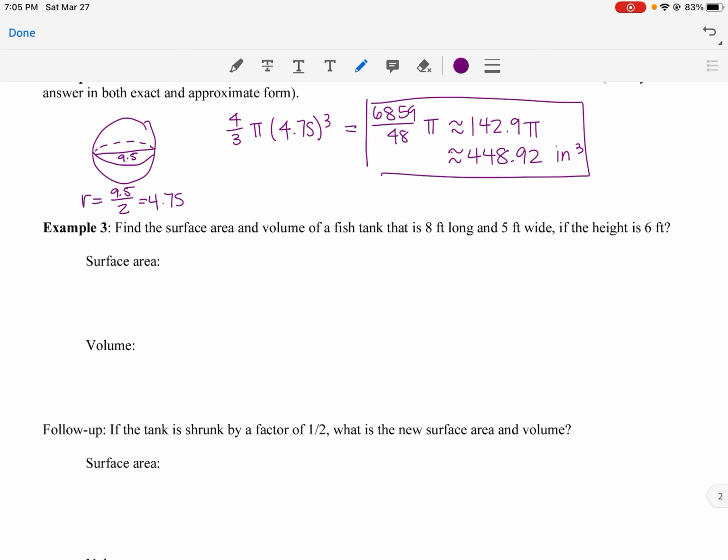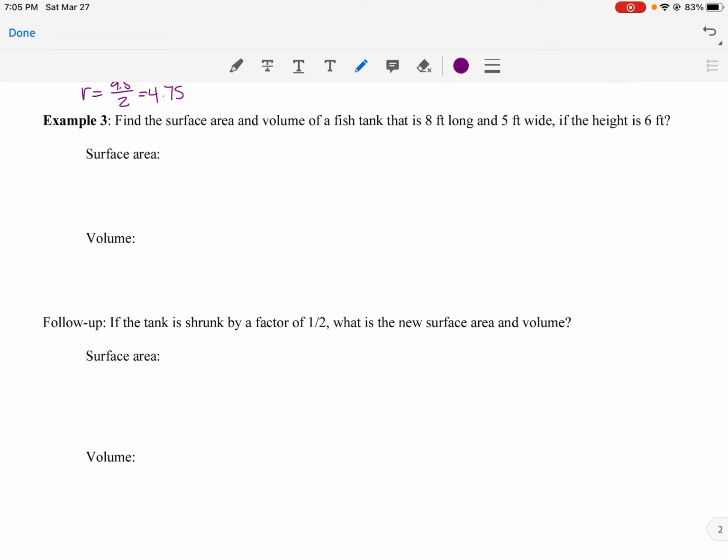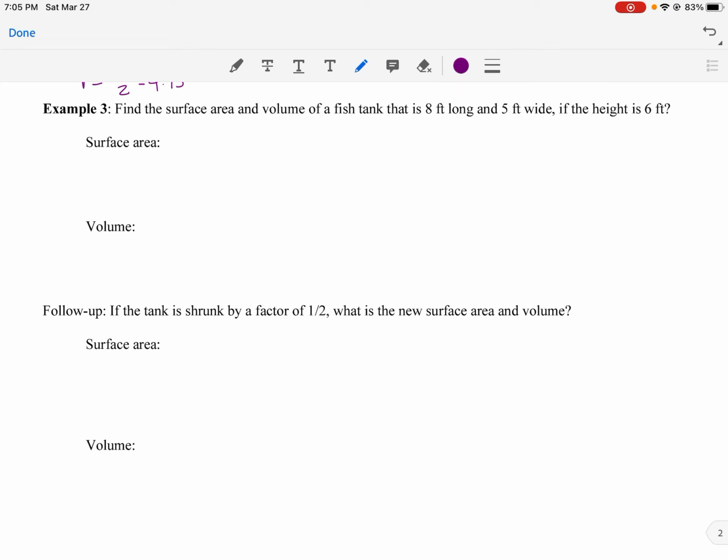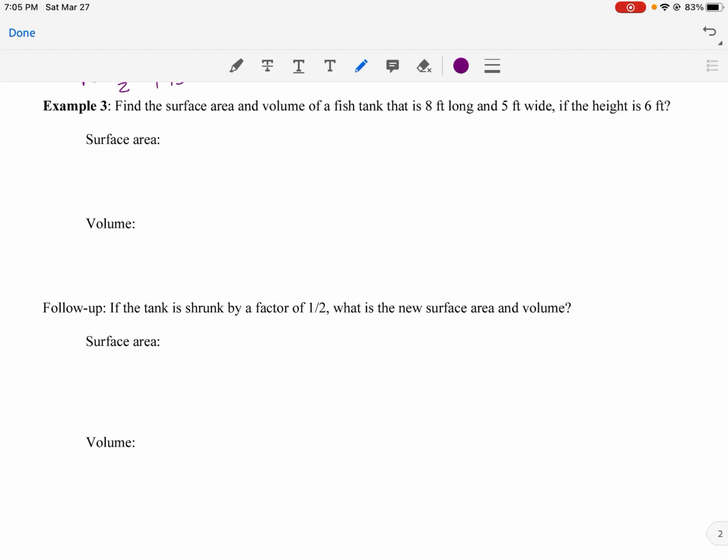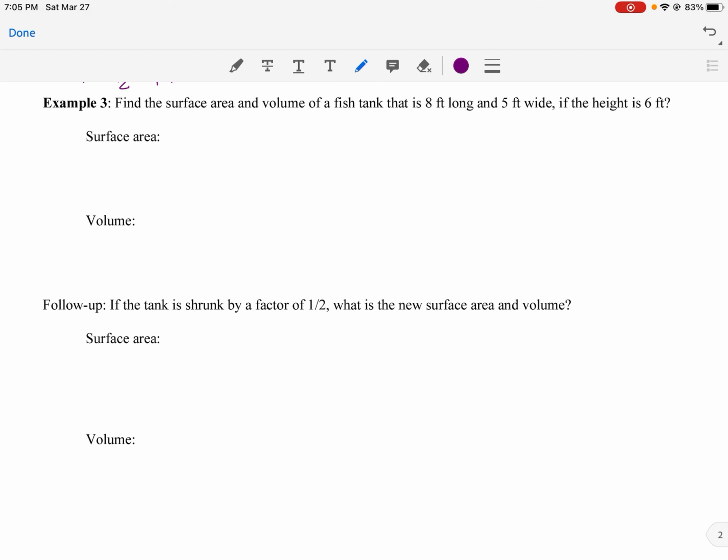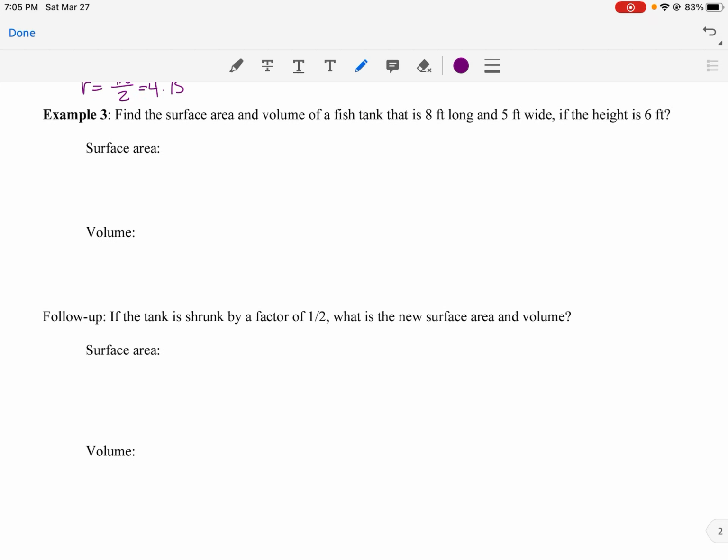Okay, the next one, we say find the surface area and volume of a fish tank that is 8 feet long, 5 feet wide, and has a height of 6 feet. Okay, I probably should have told you kind of what shape this is.